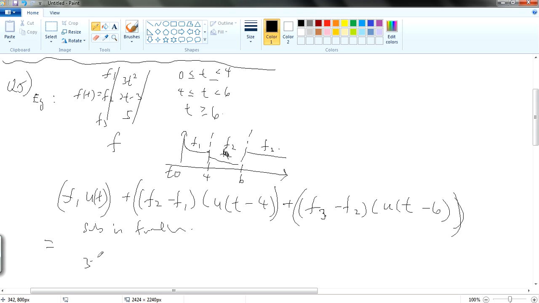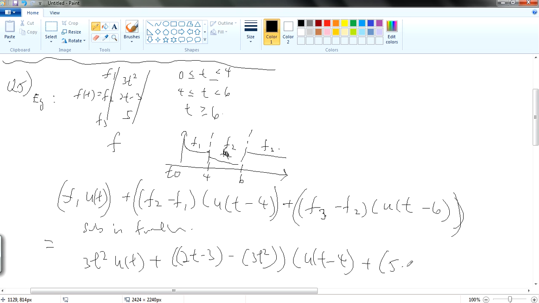So f1 is just 3t squared, then u(t) plus f2, which is 2t minus 3, minus f1, which is 3t squared, then u(t minus 4), plus f3 minus f2, and then u(t minus 6).